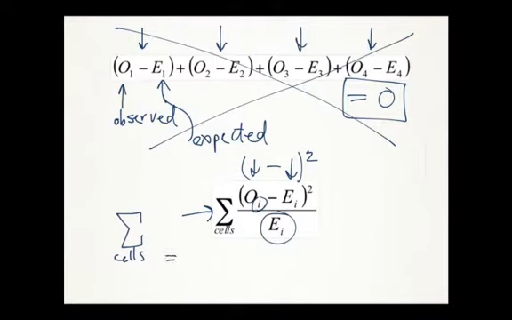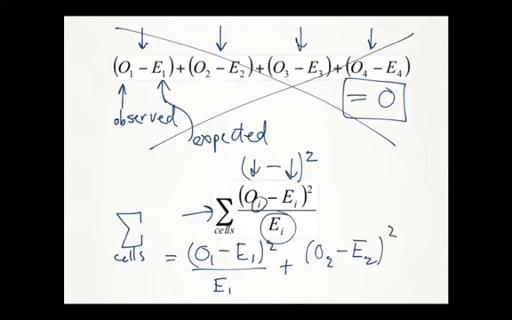So if I were to write this equation out, it would be O1 minus E1 squared divided by E1 plus O2 minus E2 squared divided by E2, and so on. And then you just go, here we have 4 cells, so we'd go up to the 4th cell. Okay? So that's what that equation means. Okay? Alright. So it turns out that this statistic, let me just pull up the statistic again on a clean sheet.